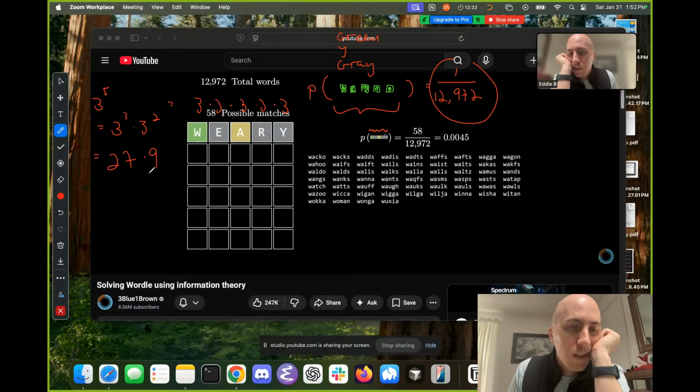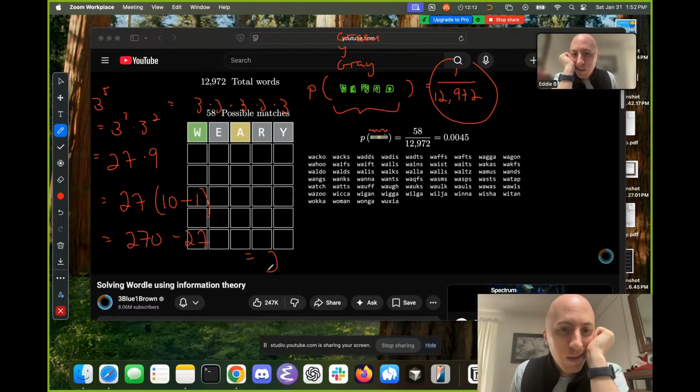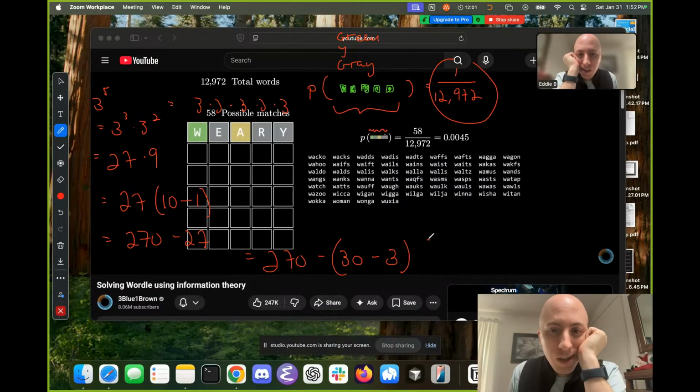Well, 27 times 10 minus 1 is equal to 270 minus 27, equal to 270 minus 30 minus 3. So it's equal to 240 plus 3, which is 243.